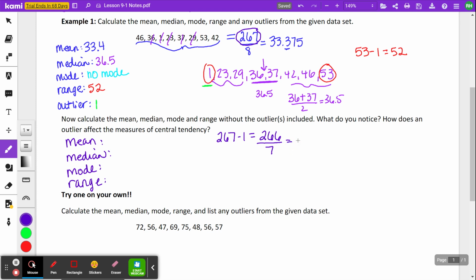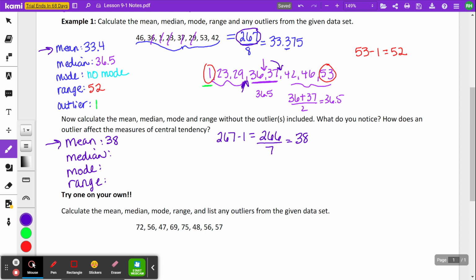So 266 divided by 7 gives me 38. You can already see there's been a change there. Our mean was at 33.4. Now it's raised to 38, which is better because it's more up here in the middle of our data. The other one was down here, where not so many of the values are.